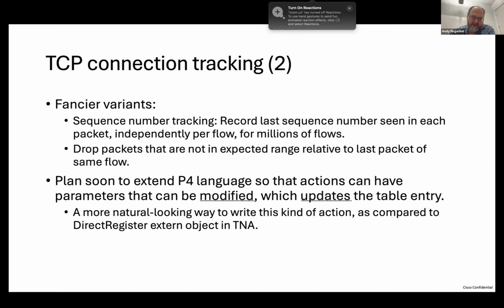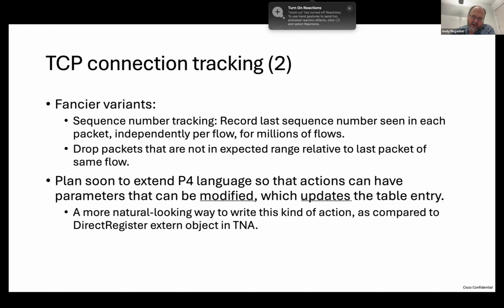One additional, more complex variation on the one I just described would be: every time you process a packet and you hit in that 5-tuple table, you'd like to record in the entry per flow the last sequence number you saw in that direction, even separately for the two different directions of TCP data flow. And you'd like to do that independently per flow for millions of flows in the table.